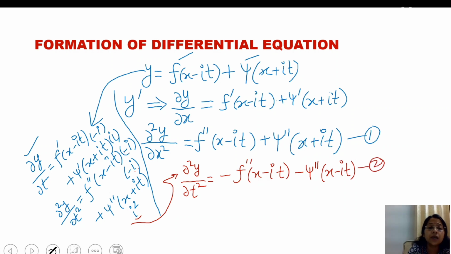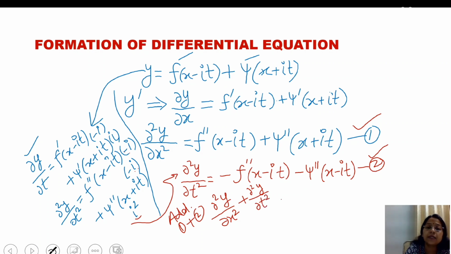So on adding 1 and 2, what am I getting? If I add these two partial derivatives of order 2, I am getting del 2y over del x2 plus del 2y over del t2 is equal to 0, which is a form of the Laplace equation.